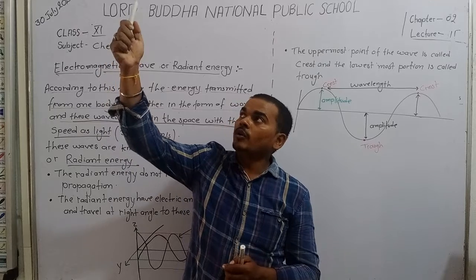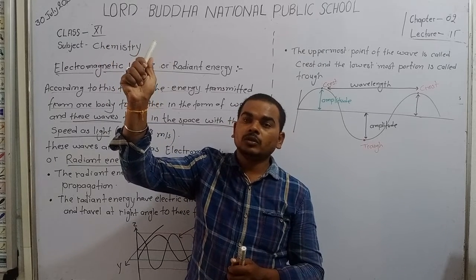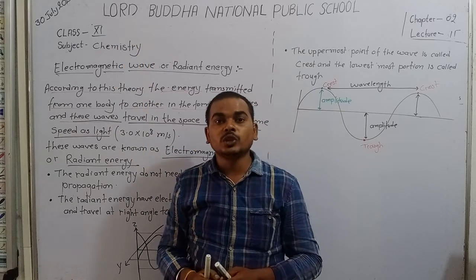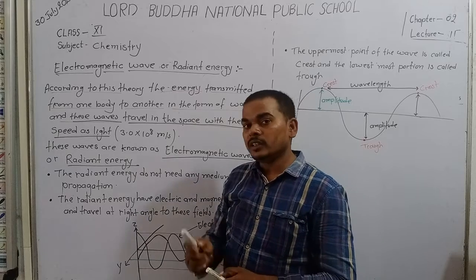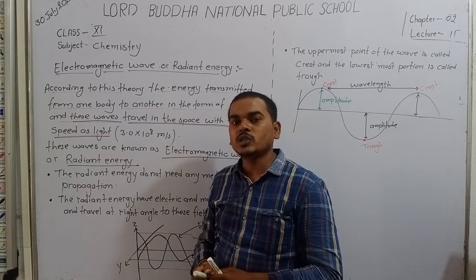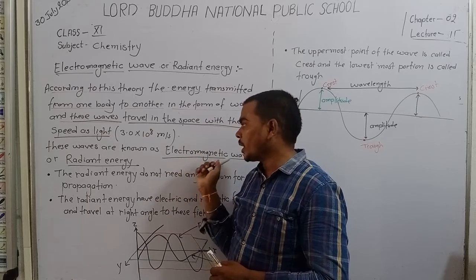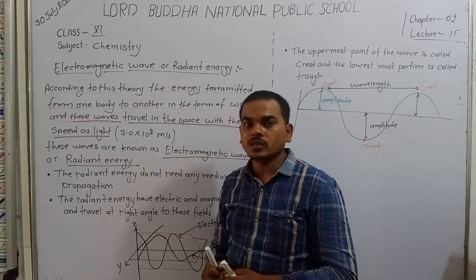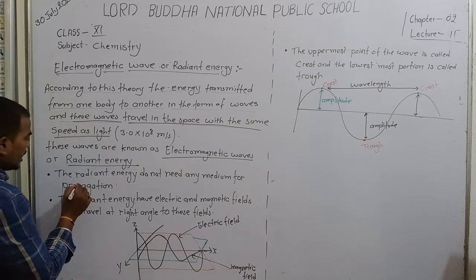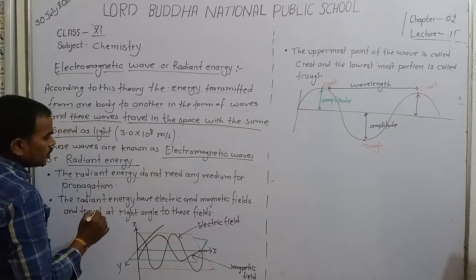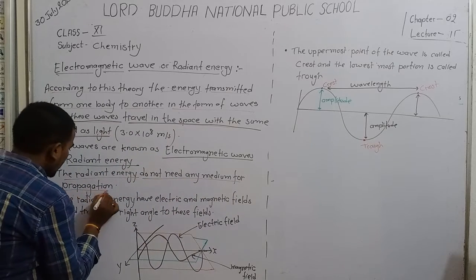All the light that comes from the sun travels at the same speed in space, that is 3.0 times 10 to the power 8 meters per second. All the waves which come from the sun are commonly known as electromagnetic waves or radiant energy. Dear students, radiant energy does not need any medium for propagation.